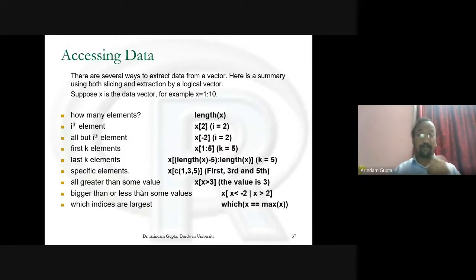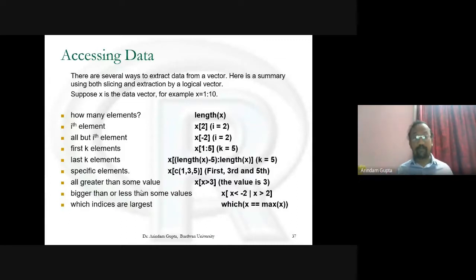If we want the second element of x, then type x[i] with i equal to 2. We need all elements but not the ith element.